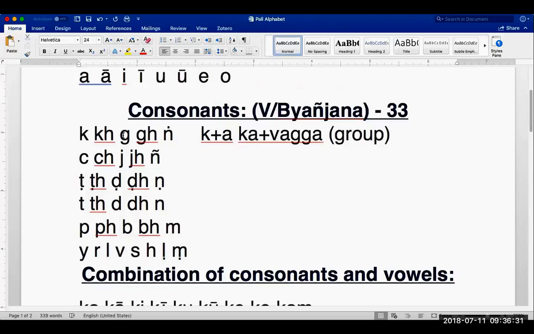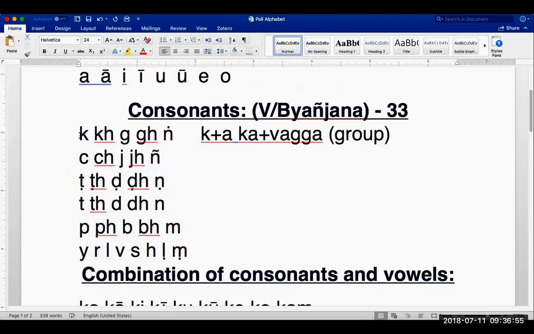So these 5 letters are called kavagga. Now you can imagine this one can be called chavagga, this one tavagga, this one tavagga, and the next one is called pavagga. Only these 25 letters are vagga letters. The others are kind of mixed.